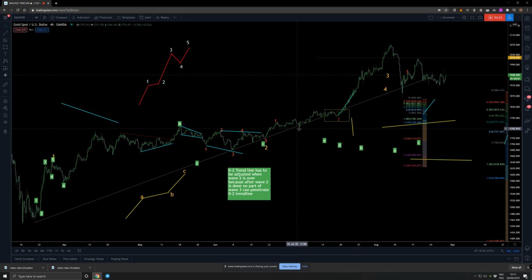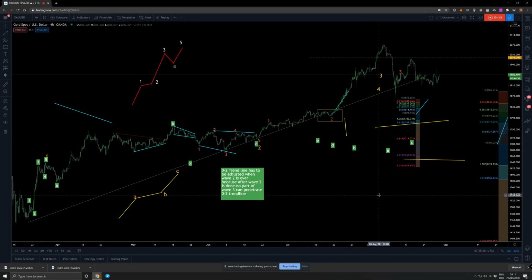Now if it was only a small break, I could say okay, it's fine, but here we have a pretty big problem. It did actually break this 0 to 2 trend line. So that is real, I have a problem with this.